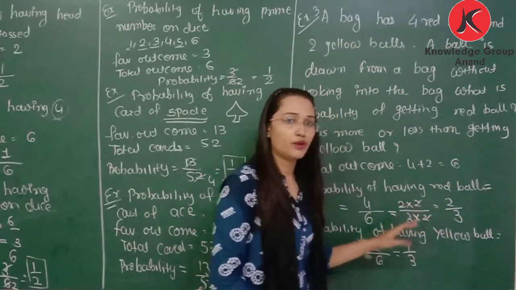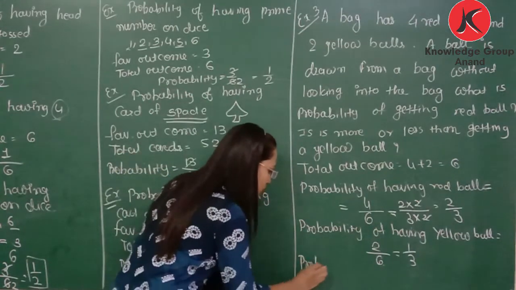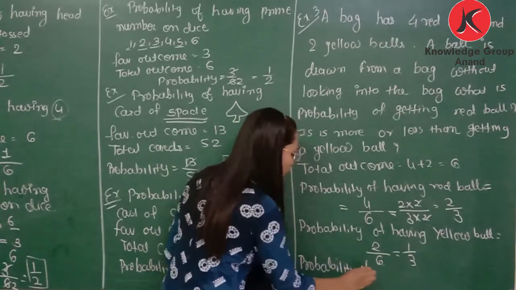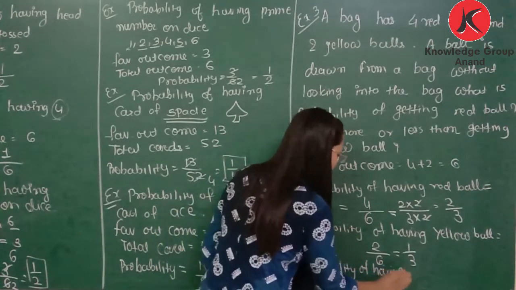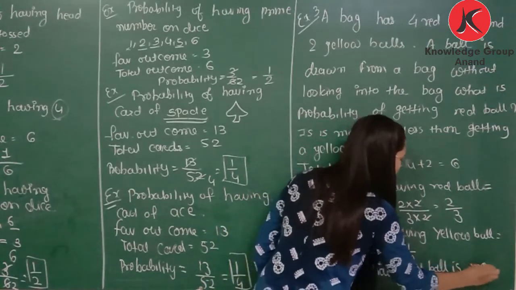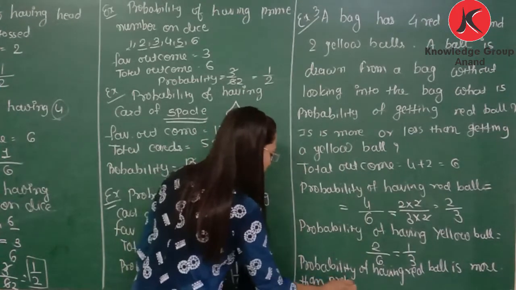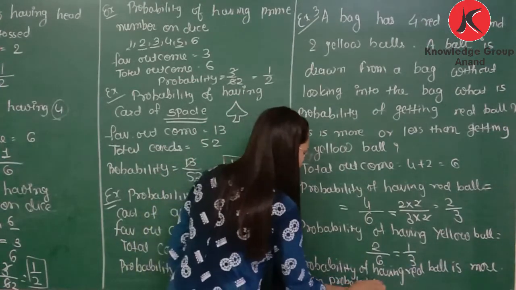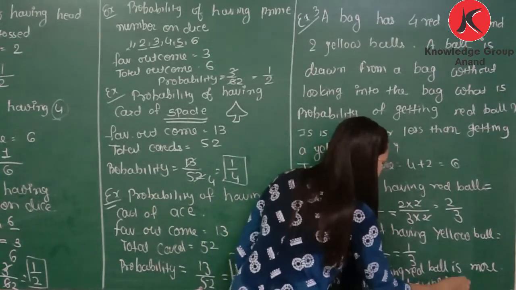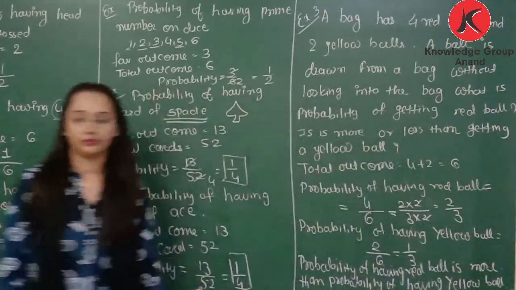So the probability of a red ball is more than the probability of a yellow ball. So you can write: probability of having a red ball is more than probability of having a yellow ball.